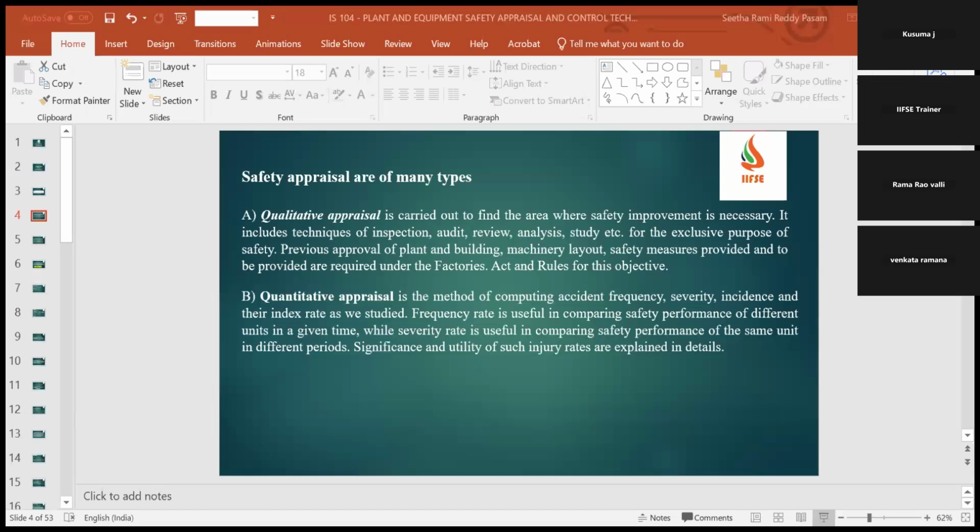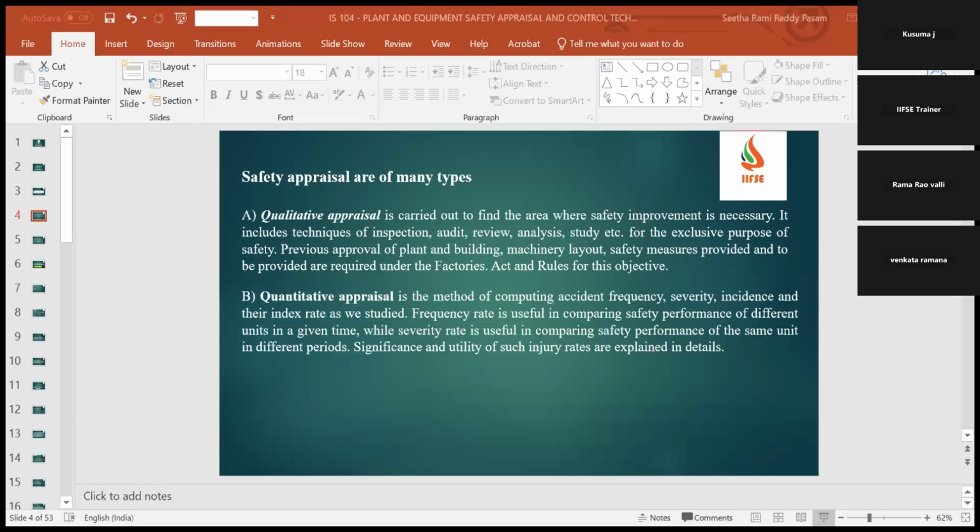The frequency rate is useful in the comparison of safety performance of different units in a given time. So how will this be used? If you have multiple units in your facility, or sometimes you have only one unit and your organization is small, you can use this frequency rate calculation within the departments also.